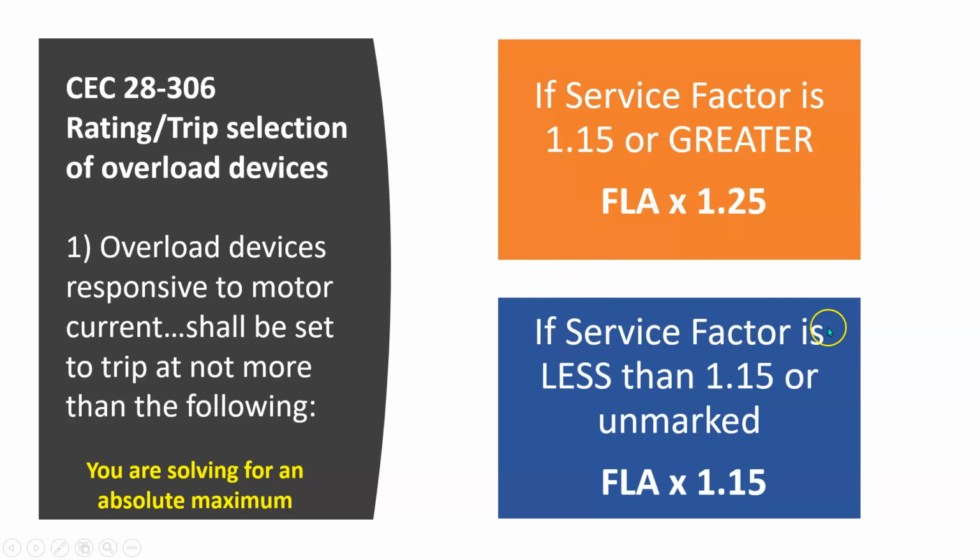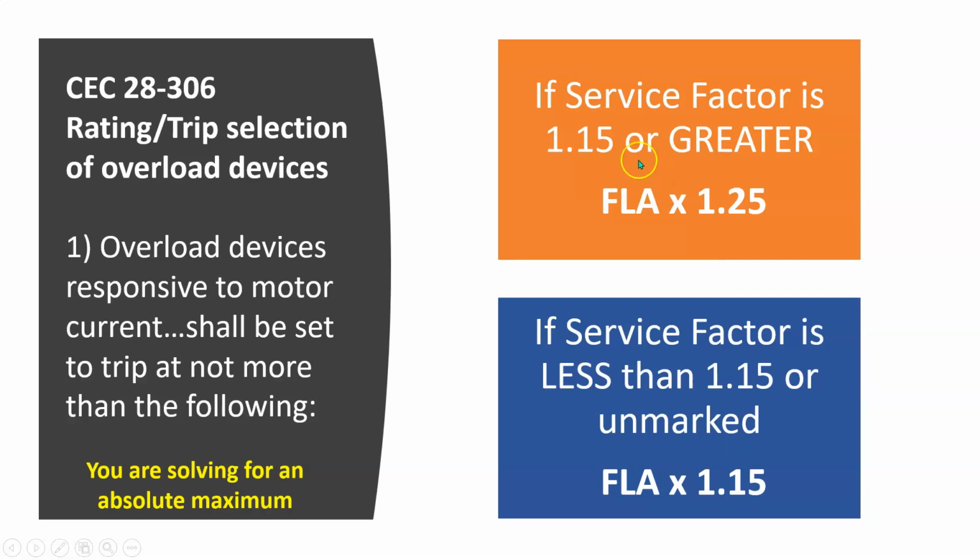If the service factor is less than 1.15 or unmarked, then you take the full load amps and multiply by 1.15. So this is pretty much saying I can take the full load amps and multiply it by a percentage, 125% or 115%, to say this thing can handle up to 125% of its full load amps for a certain amount of time before the overload devices are going to trip.